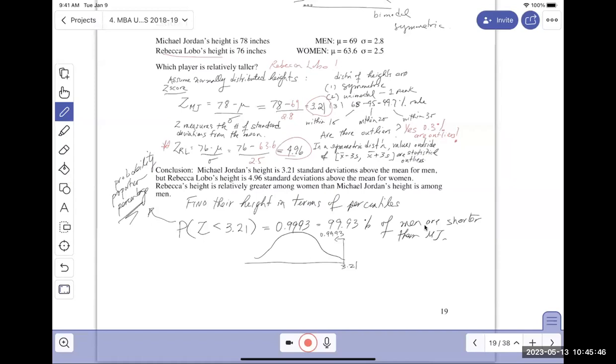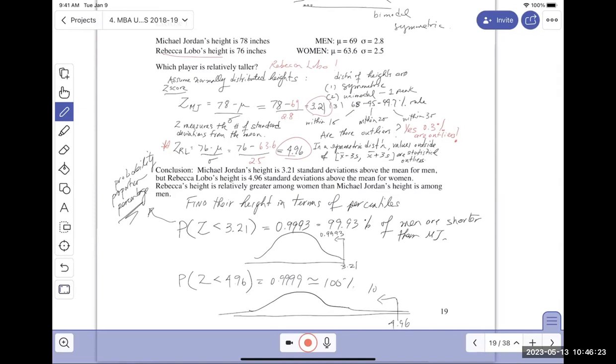So for Rebecca Lobo, she also has a Z and she's at 4.96. And so that is going to be 0.999. It was like 9, right? 0.9999999. So actually, it pretty much rounds to 100%. Pretty much 100%. So she's way out there. The same distribution, but she's just out here. Like this is a very long flat distribution. She's way, way out here.